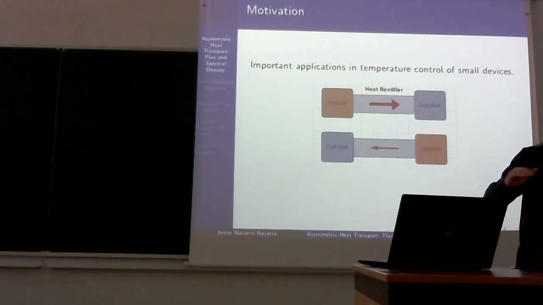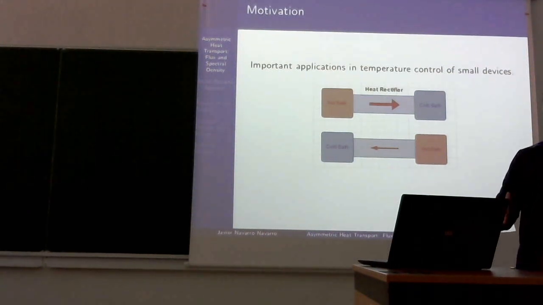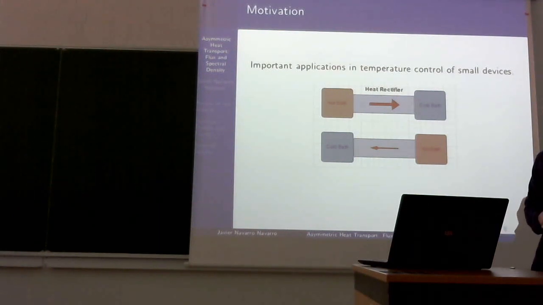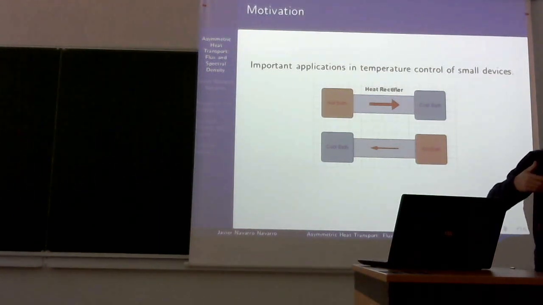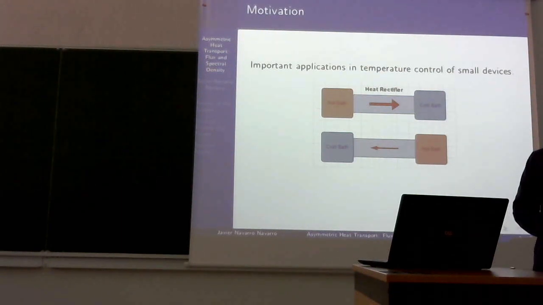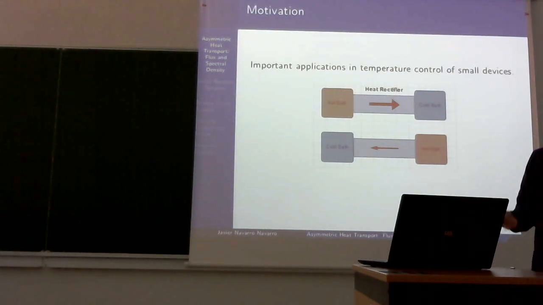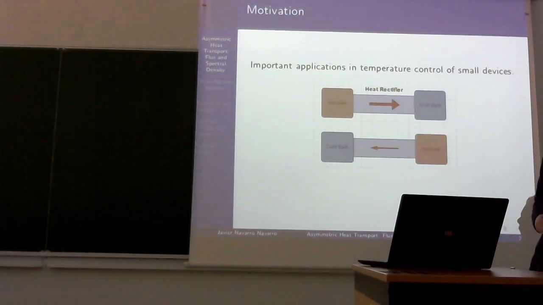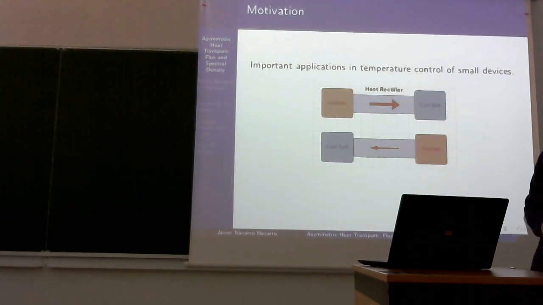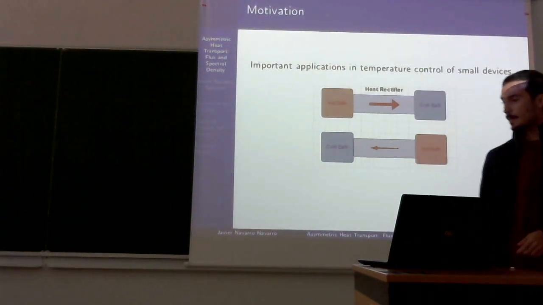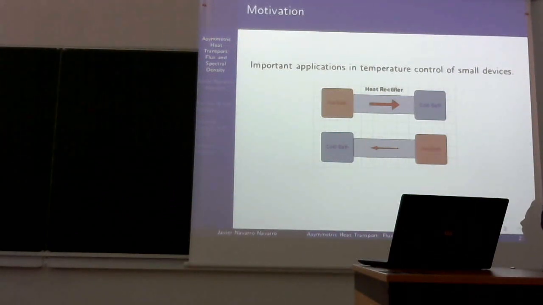For example, in quantum technologies, we need to keep one system at very low temperature to have quantum properties, but at the same time, we need to allow this system to dissipate energy. These kinds of devices are very useful to do so, because at the same time, we also isolate the quantum device from possible thermal fluctuations of the environment. But yes, we need these heat rectifiers to be macroscopic or quite big.